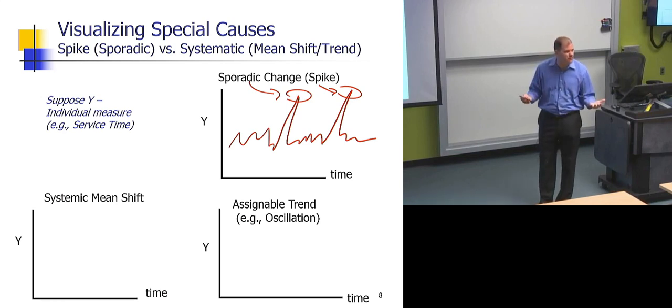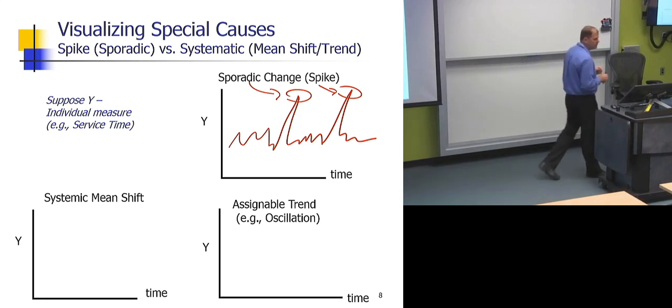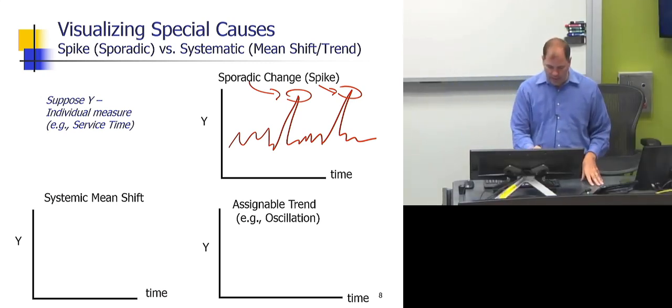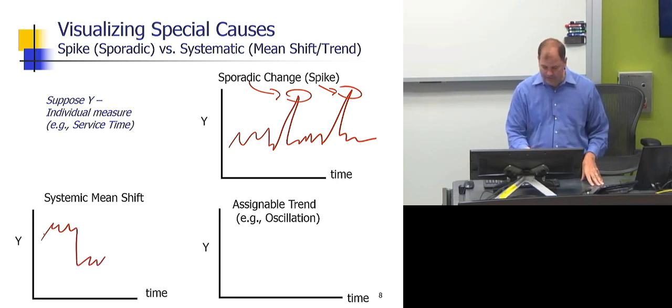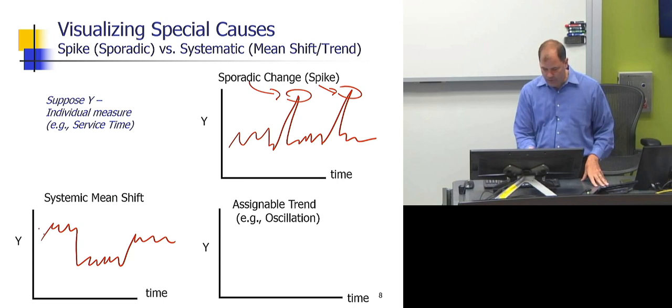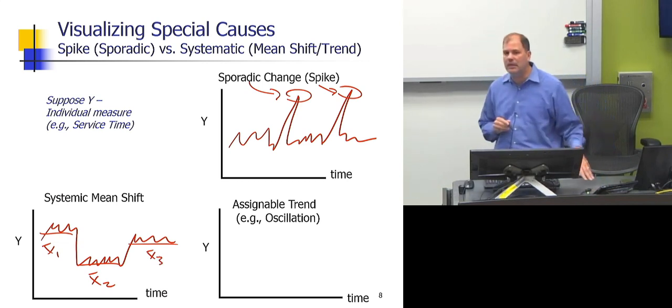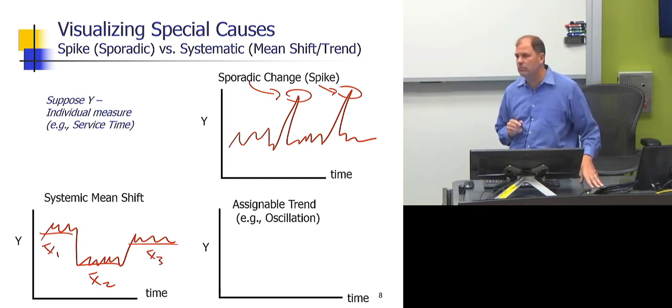It's not really systematic. When it's a systematic shift, this would be when I am running along and then the whole process moves. And over here, if I were to draw x bar 1, x bar 2, x bar 3, something is causing that mean to move around.